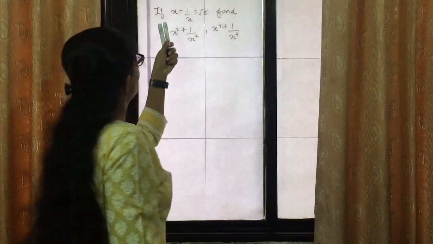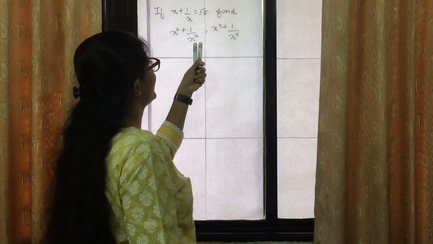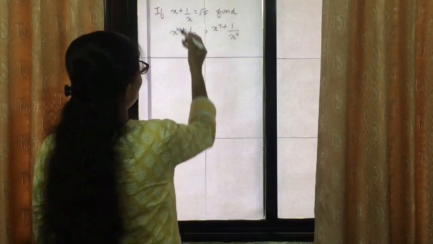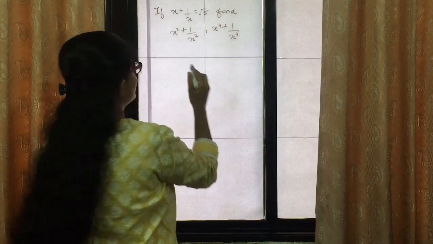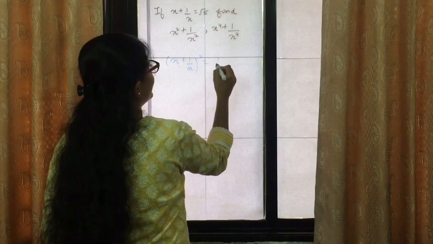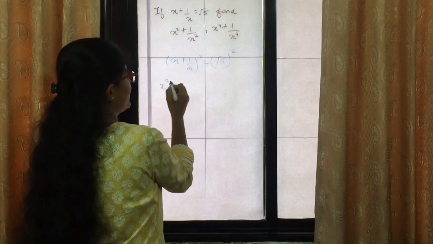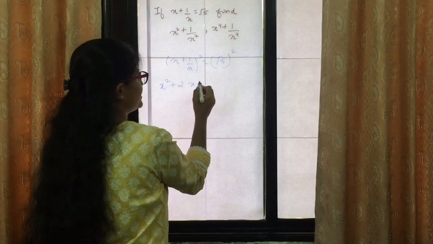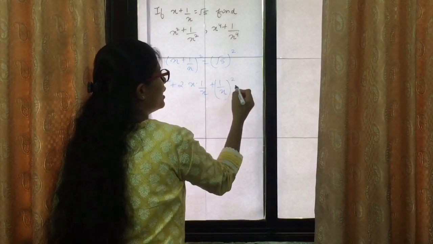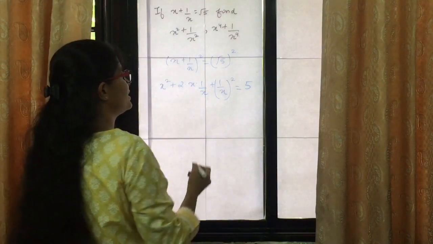Let's see this question. If x plus 1 upon x is equal to root 5, find x square plus 1 upon x square, and x raised to 4 plus 1 upon x raised to 4. Again we are going to do squaring on both the sides. If I square the given term on both the sides and expand, it comes out to be x square plus 2 into x into 1 upon x plus (1 upon x) whole square is equal to root 5 square, which is nothing but 5.